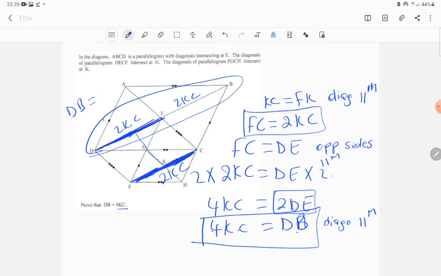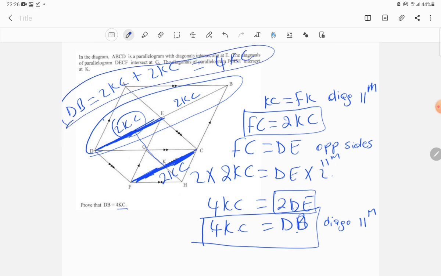DB is equal to 2KC plus another 2KC. That is going to give you 4KC, just like that. So you just need to find a way to get it easy, nothing else.